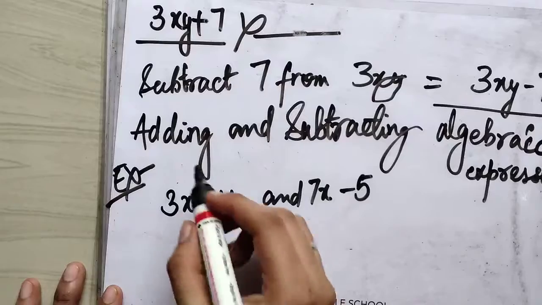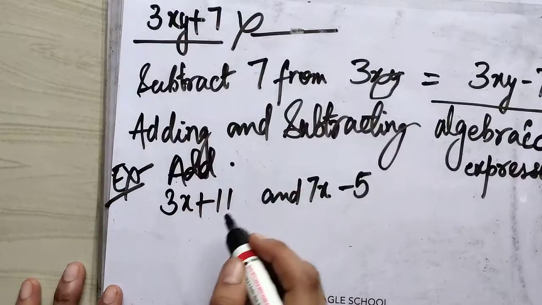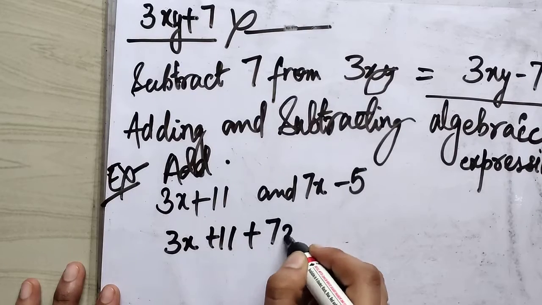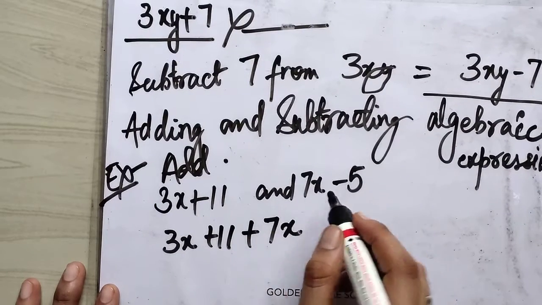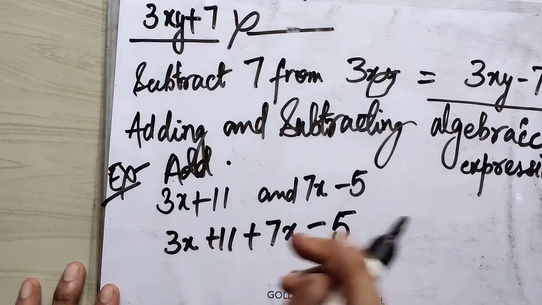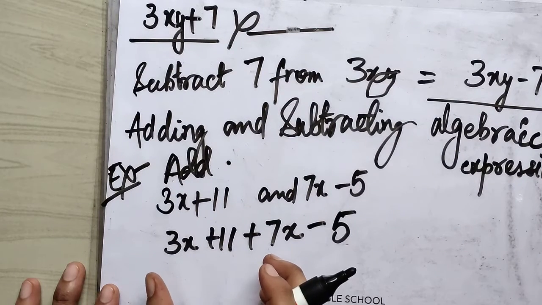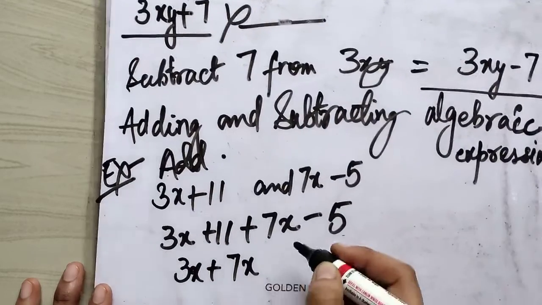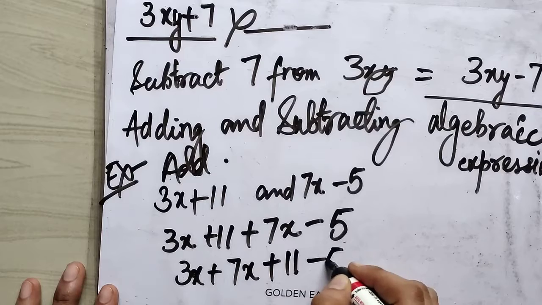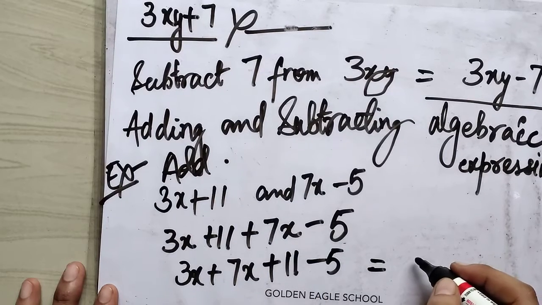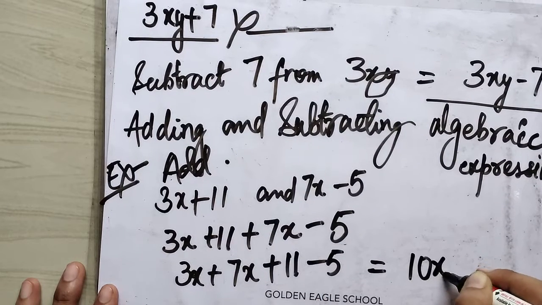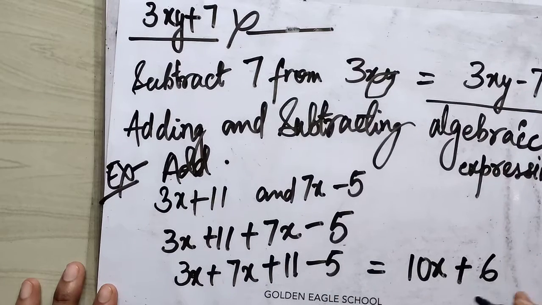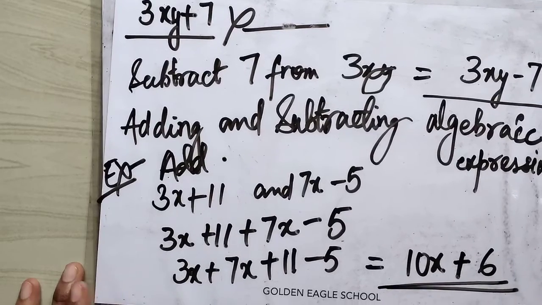You have to add them. So 3x plus 11 plus 7x minus 5. Now you have to take the like terms together, that is 3x plus 7x plus 11 minus 5. 3x plus 7x is 10x, and 11 minus 5 is 6. So the answer will be 10x plus 6.